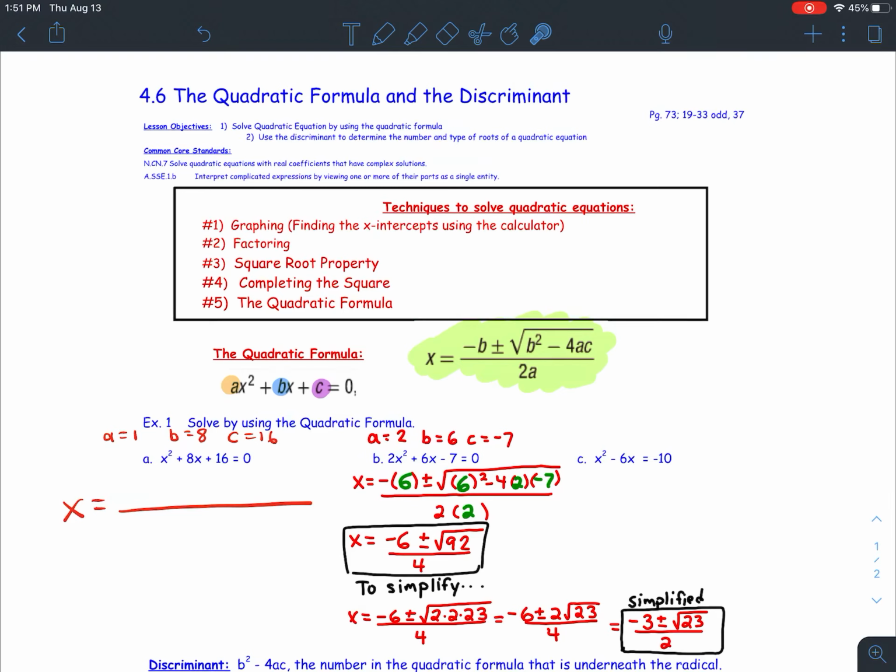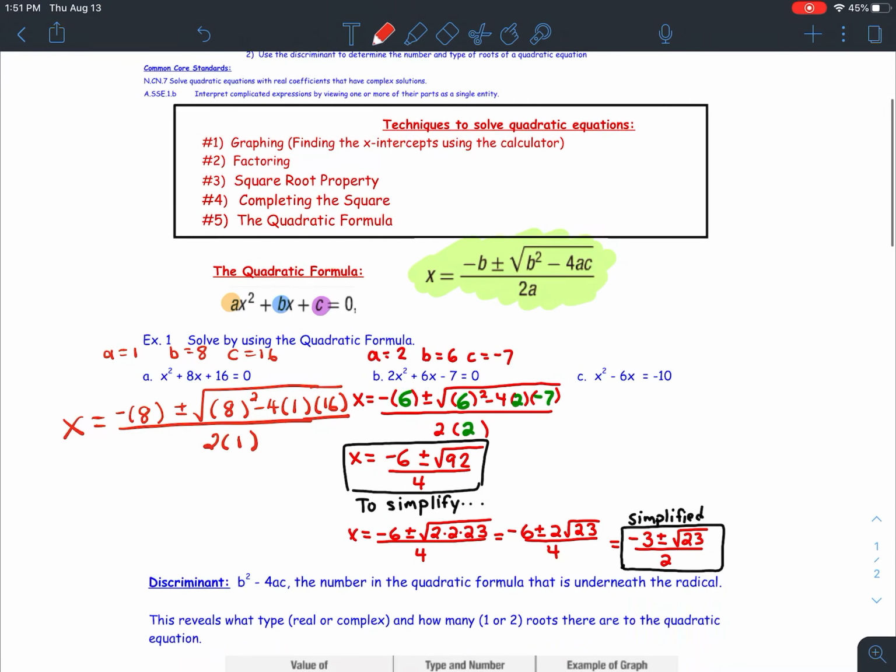Okay. A common mistake that people make is they don't put this division or fraction bar across everything in the top. Sometimes they only put it underneath the part where the radical is. It goes underneath everything. Okay. Then it says negative b plus or minus the square root of b squared minus 4 times a times c, and that's all over 2a.